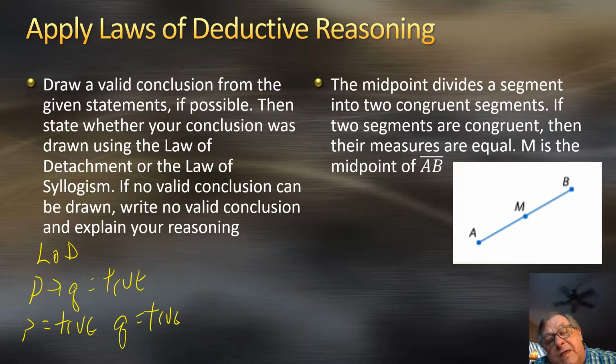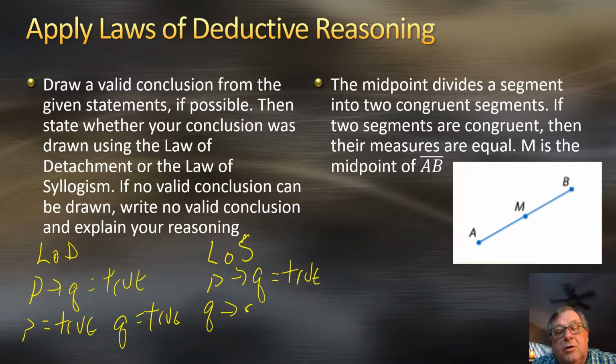Whereas the law of syllogism usually involves multiple statements, because it says if P, then Q, if that's true, and if Q, then R. In other words, the conclusion of the first statement becomes the hypothesis of the second statement.